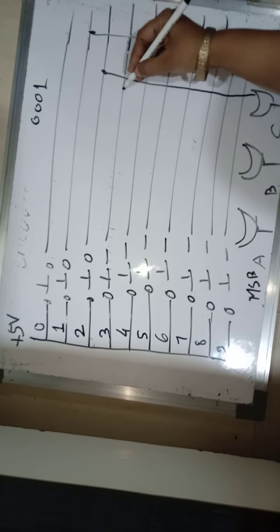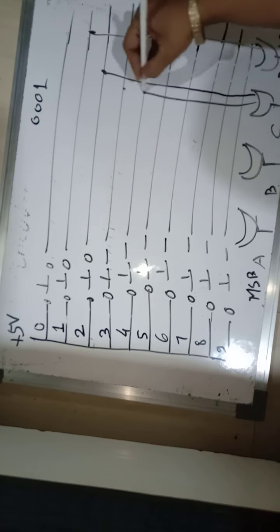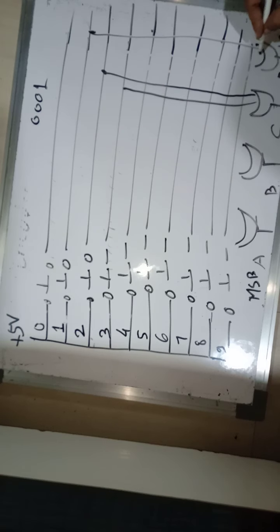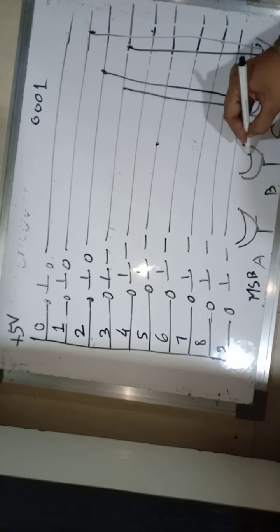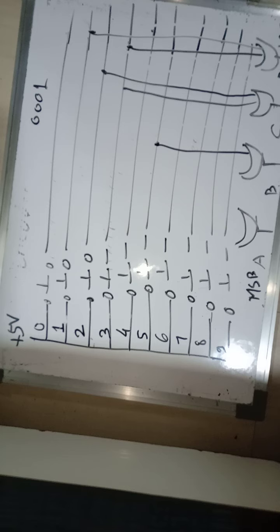Like this, the connections are made. Now suppose you have 4. 4 is 0, 1, 0, 0, which means just connect the gate here and you will get the output 0, 1, 0, 0.